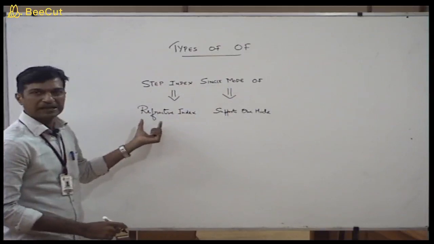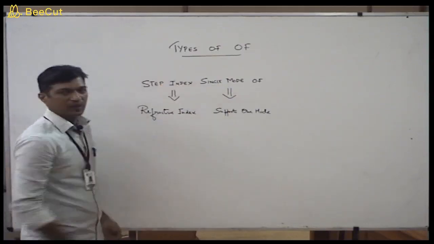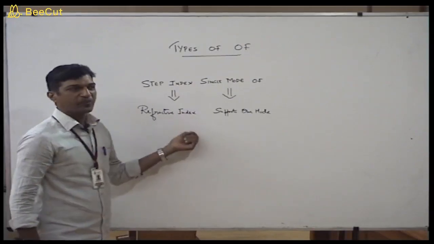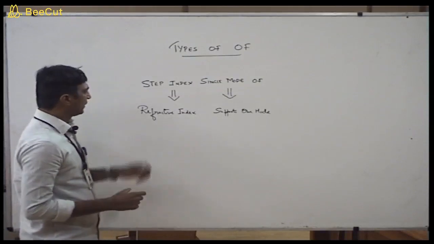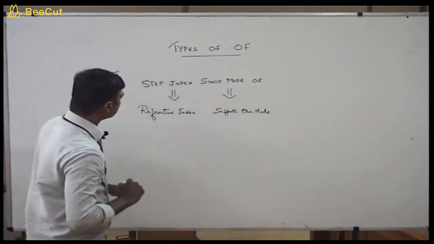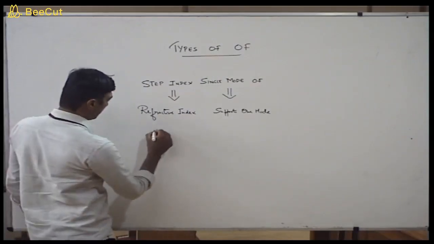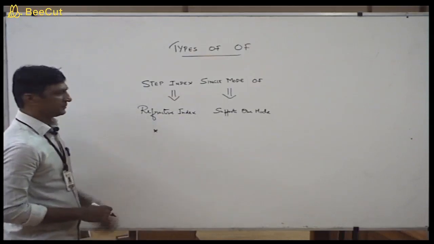It is a step index fiber, and it supports only one mode. That is why it is called single mode optical fiber. These are the following characteristics of a single mode optical fiber.